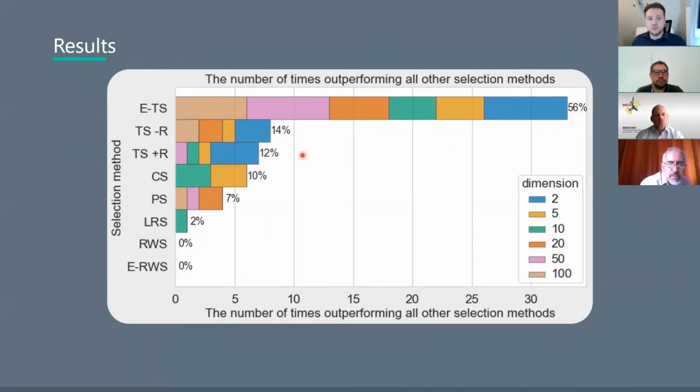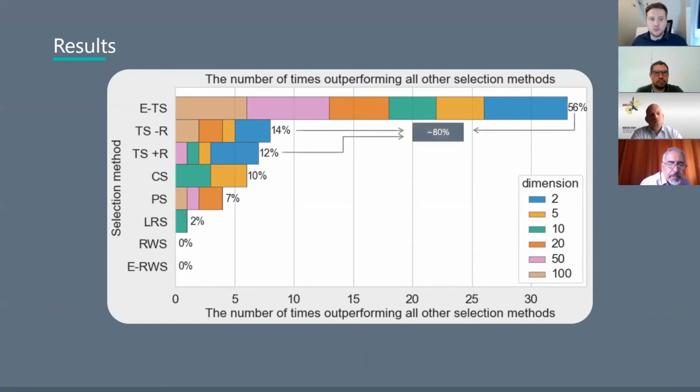Next, we have two tournament selection methods, 12 and 14% outperforming. And then there are comma selection and plus selection outperforming 10% and 7% of the benchmark functions, respectively. Then there are at the bottom the roulette wheel selection variants, linear ranking selection, roulette wheel selection, and elitist roulette wheel selection, apparently not outperforming, or rarely outperforming any other selection method.